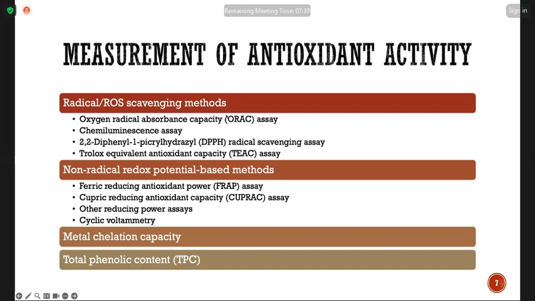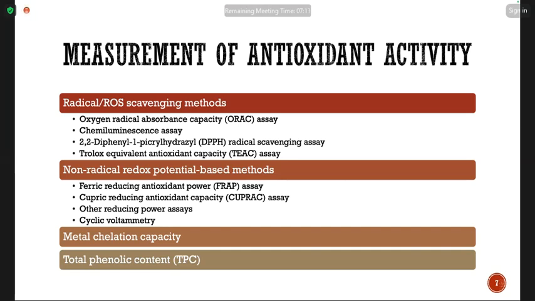If you want to focus on DPPH, meaning that the free radicals, you want to study the free radicals. If you use FRAP, you focus on the non-radical redox potential based methods. So it's different techniques and different yield that you will have, and then a different mechanism, all is different.